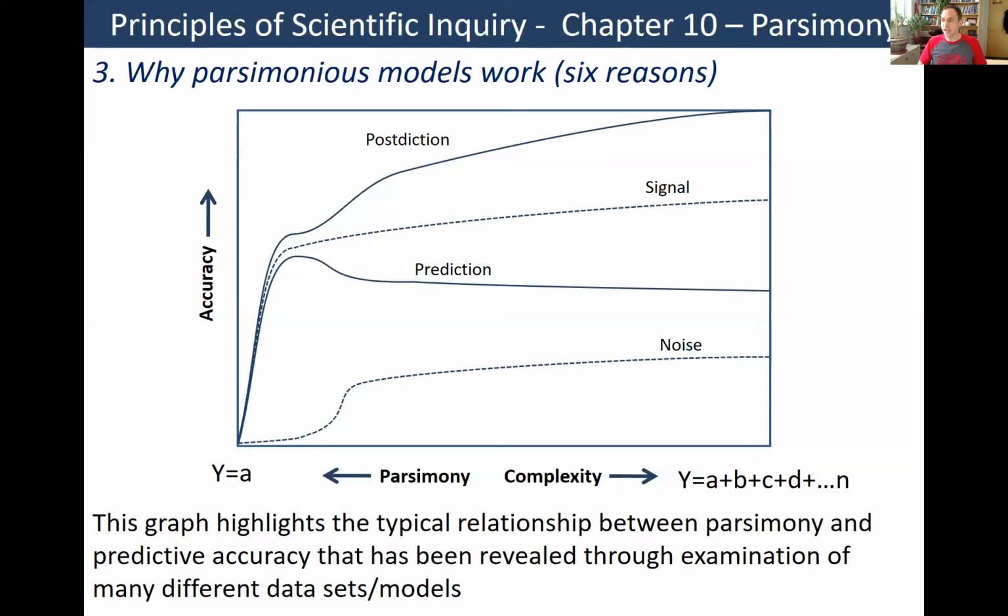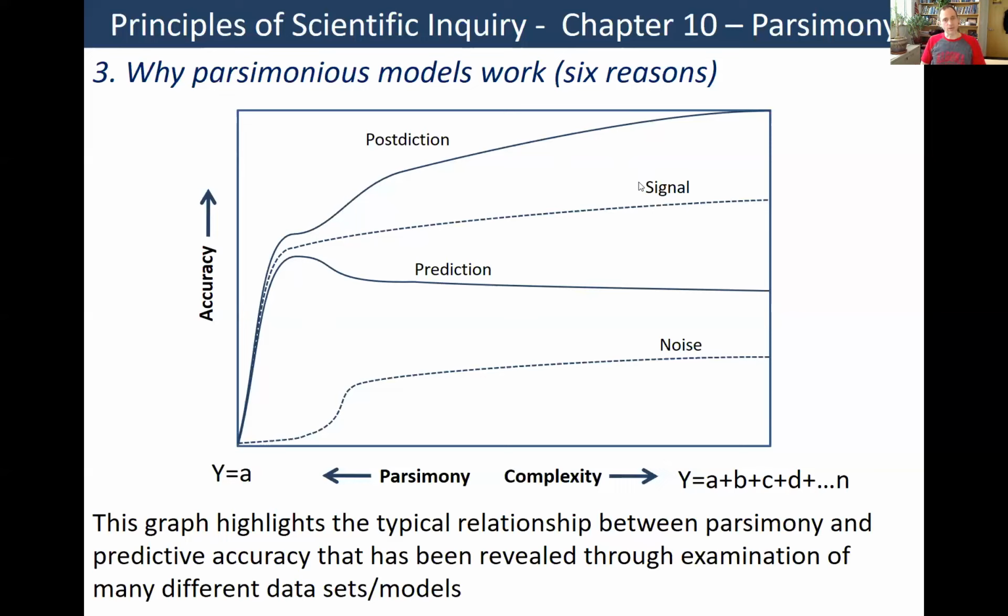And you can see, if you look at the graph here, that predictive accuracy peaks at a relatively modest level of model complexity, and then it actually goes down and flattens out. So the optimal for prediction is not the same as the optimal for postdiction, right?